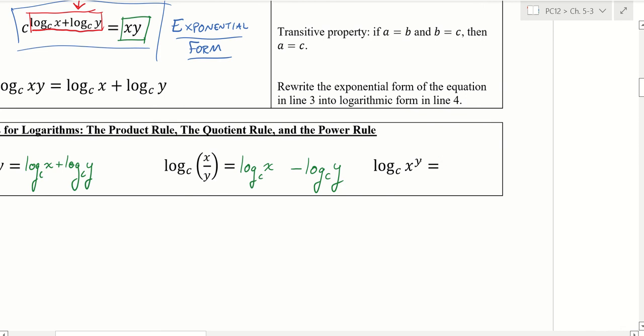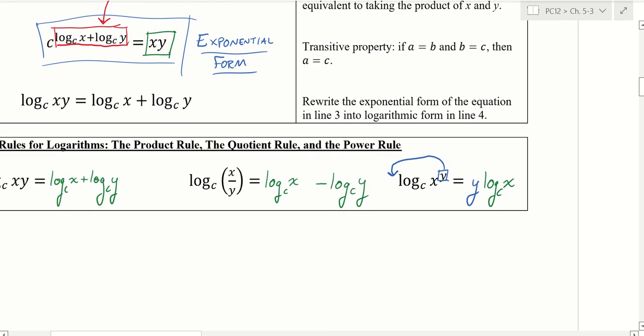We can rewrite log base c of x to the power y as just log base c of x, and we can take this exponent on y and move it down in front of this logarithm as a factor of this logarithm. So log base c of x to the power y is really just y times log base c of x.